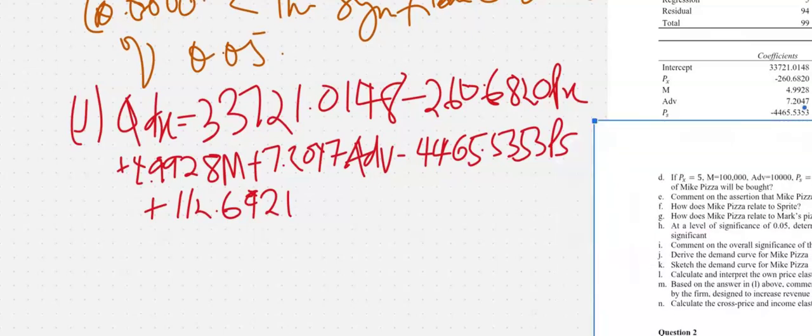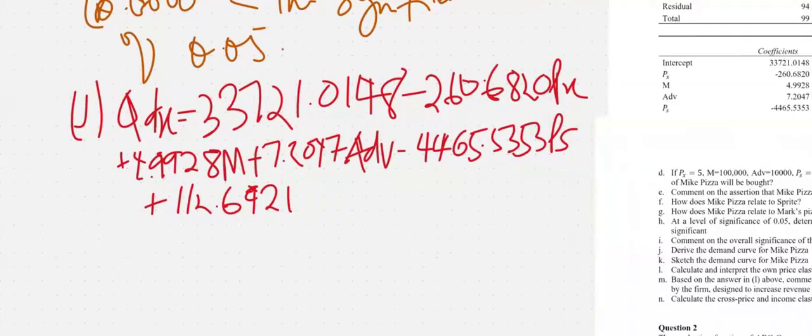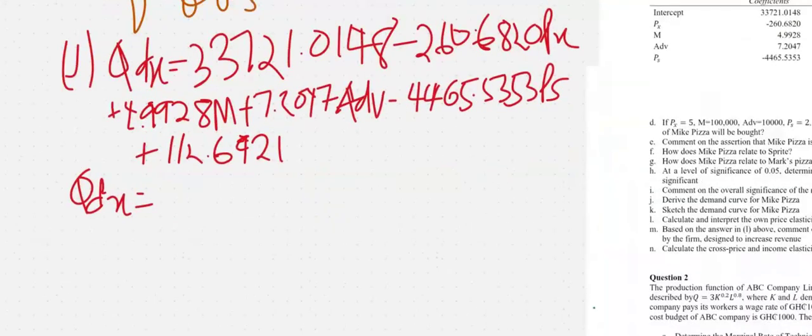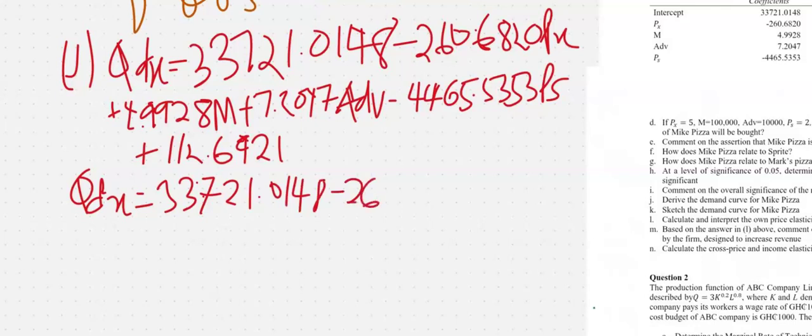So we're going to repeat the same equation, which is QDX equals 33721.0148 minus 260.6820 PX, right?